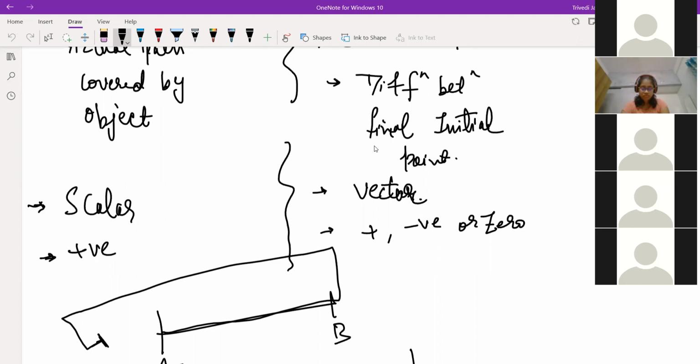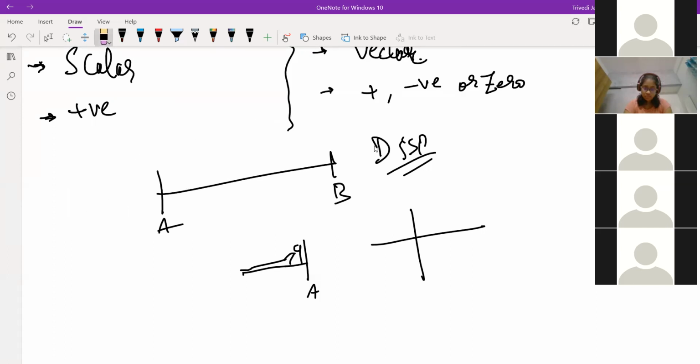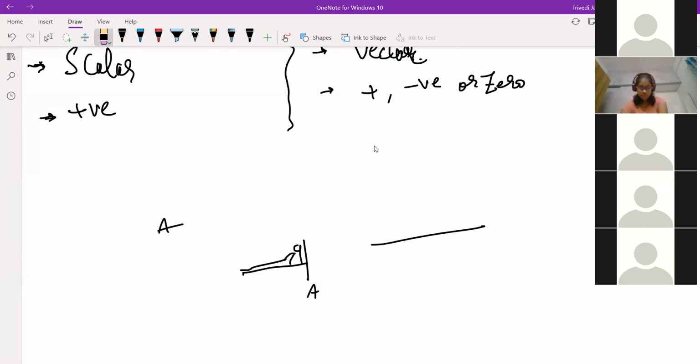So will displacement be negative or positive? The negative displacement. And if I reach A, it will be zero displacement. Exactly right. If the starting point and the final point are the same, that means there is zero displacement. Simple.